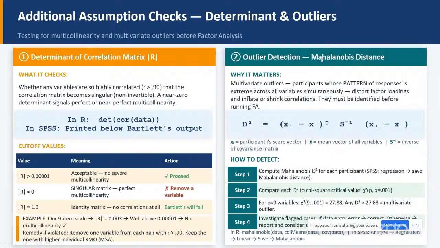So to detect those outliers, this is the statistic. Xi is the participant's score vector, this is the mean, that is x bar, and Si inverse is the inverse of the covariance matrix. Okay, we can detect the outliers and just remove them.